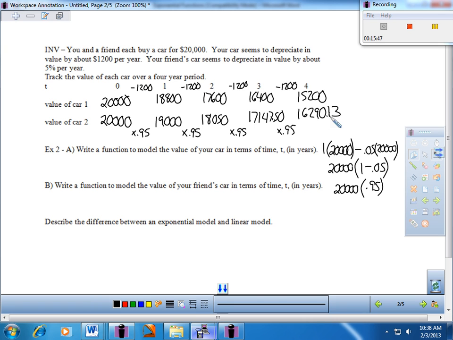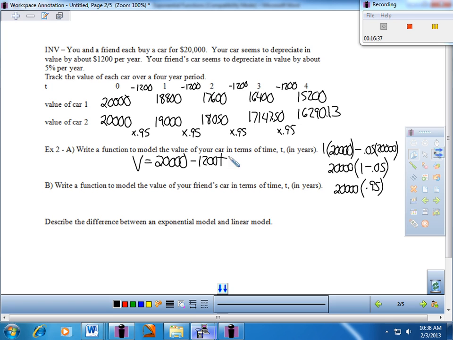So here we go. I'm going to go V for value. Do what you want, of course. And we start with 20,000. And I am repeatedly subtracting $1,200. Or I'm really repeatedly adding negative $1,200. Repeated addition is multiplication. And in this case, I'm repeatedly adding negative 1,200.